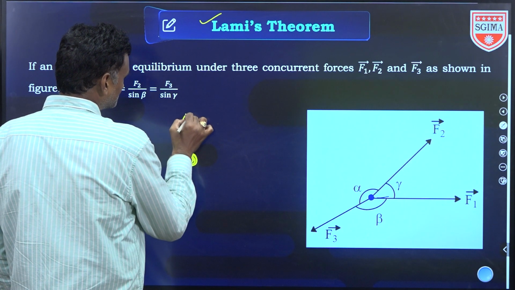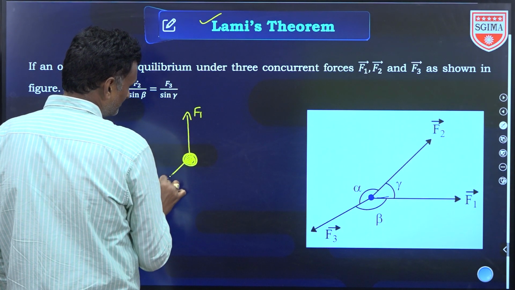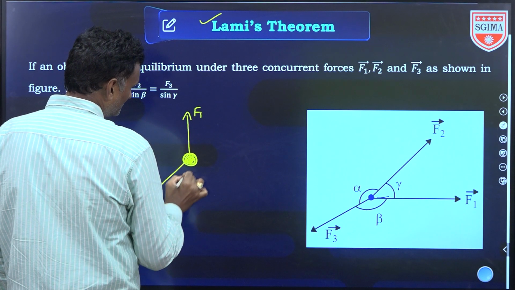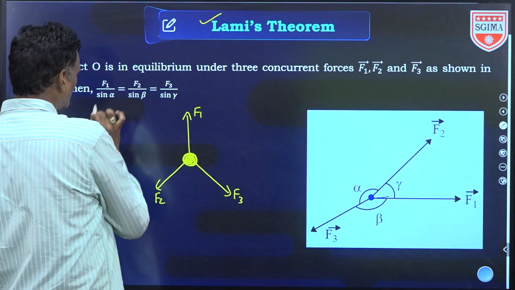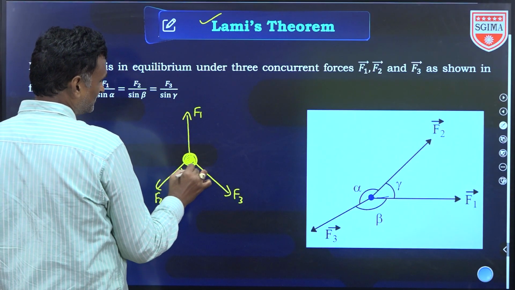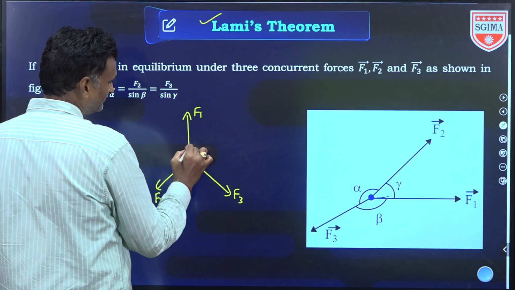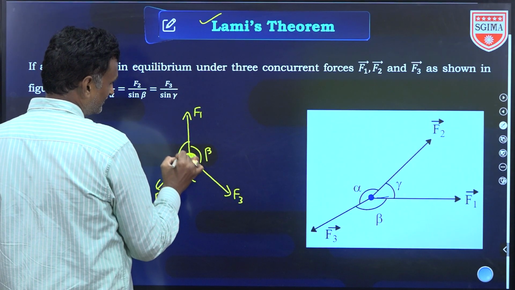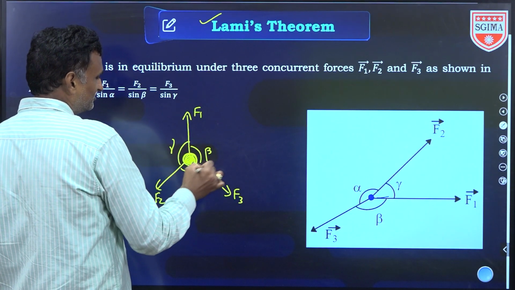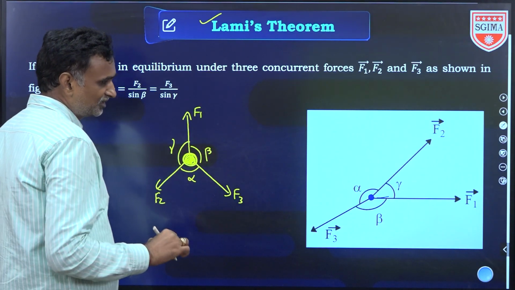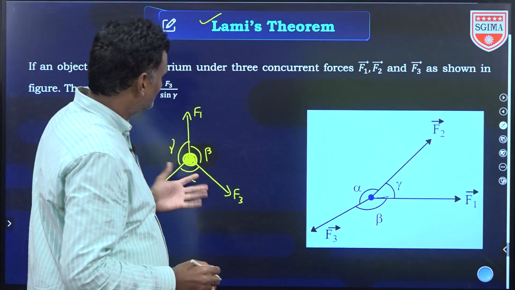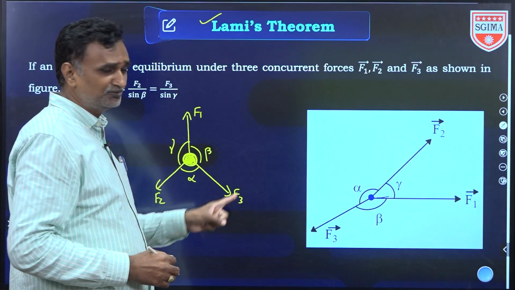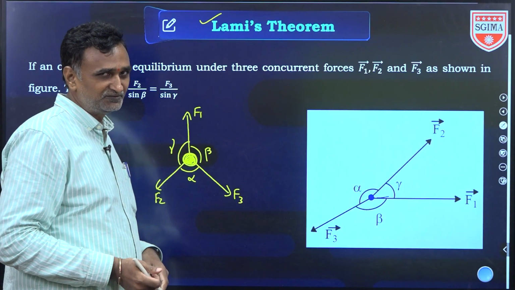Suppose this is F1, this is F2, and this is F3. Here I have already written sine alpha, so accordingly I am choosing the angles. This is beta and this is gamma. These may be equal, may not be equal, that depends on the magnitudes of F1, F2, F3.